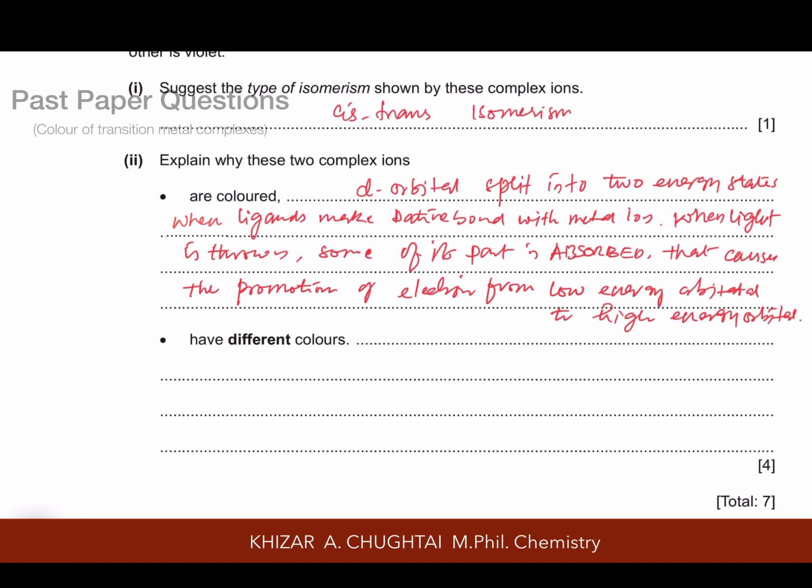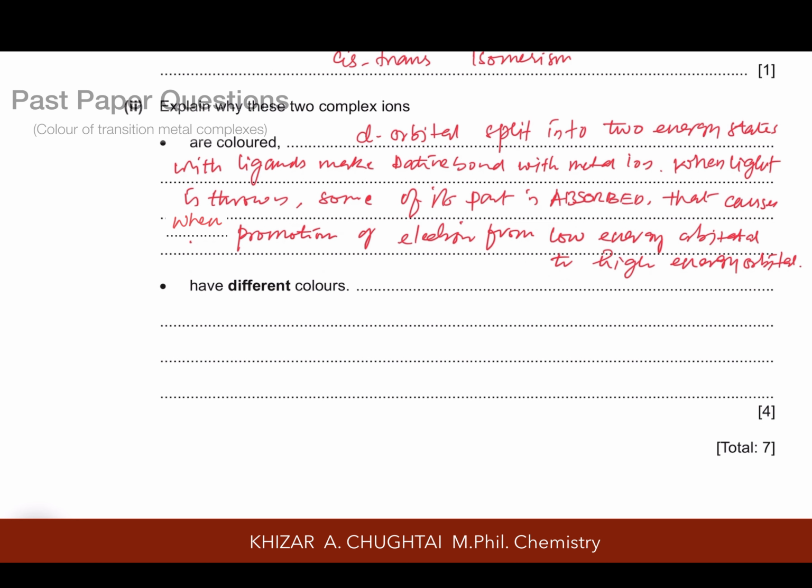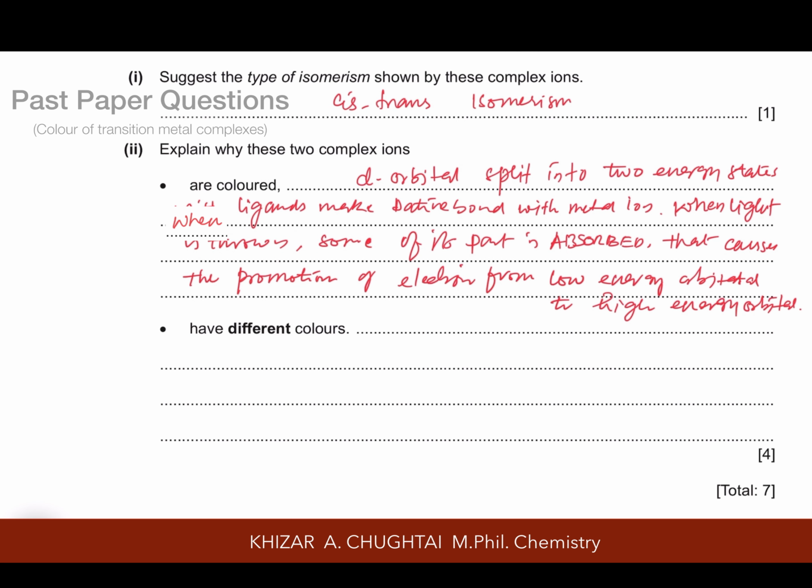The next one is, again, why they are having different colors. They both are having different geometry, and the general reason for the different colors is the d-d energy gap.